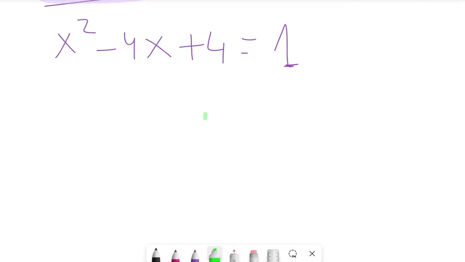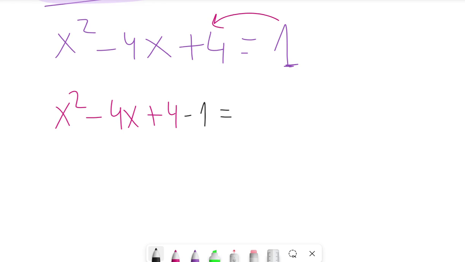How do we solve this one? Let us factorize it first. We have to move 1 to the left side. x squared minus 4x plus 4 minus 1 is equal to 0, which basically means x squared minus 4x plus 3 is equal to 0.